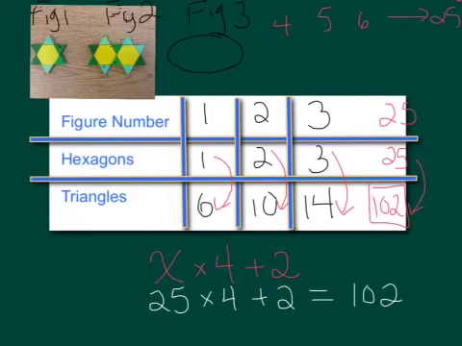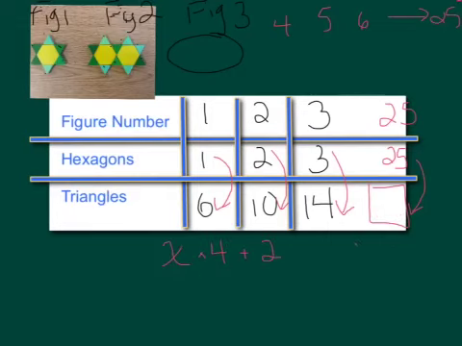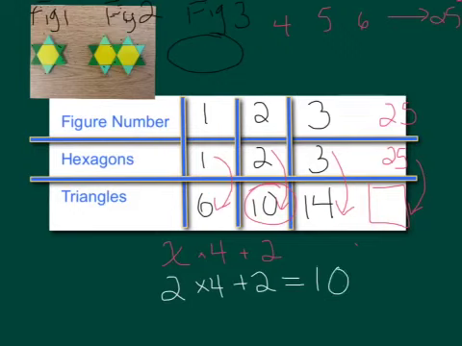Let's try it on the others and make sure it works. So let's substitute in the 2. 2 times 4 plus 2 equals, and we're hoping that it equals this because that's going to tell us that we're right. 2 times 4 is 8 plus 2 equals 10.